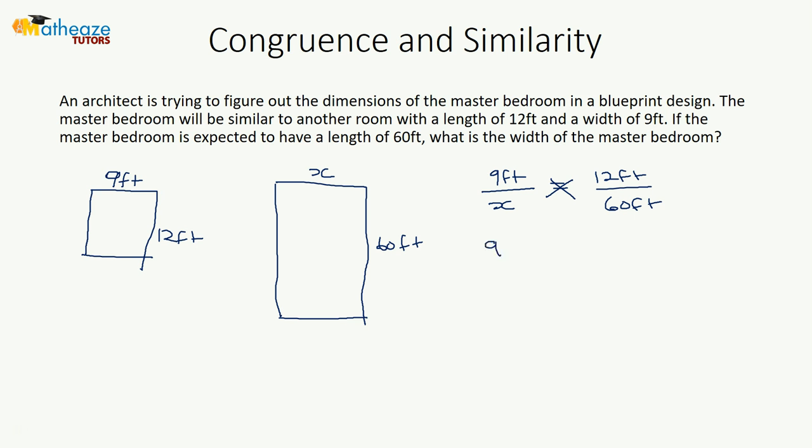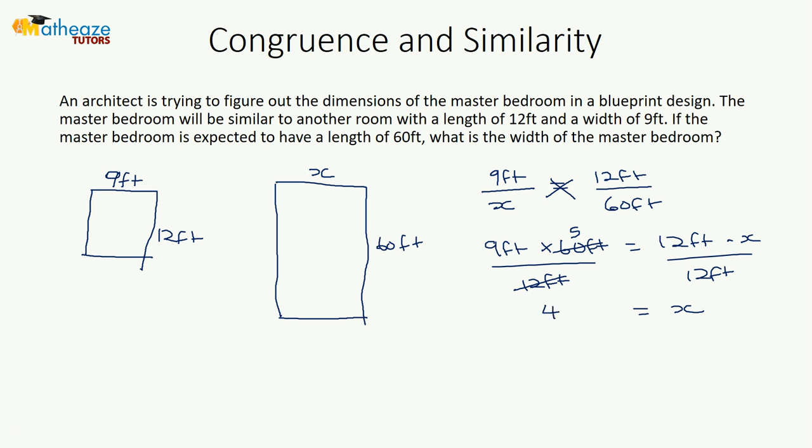So we have 9 feet multiplied by 60 feet equal to 12 feet multiplied by X. We're going to divide both sides by 12 feet. So we have X. So this here, 12 divided by 12, 1. 60 divided by 12 is 5. So this is going to be 45 feet. So what this means is that the master bedroom is going to have a width of 45 feet.